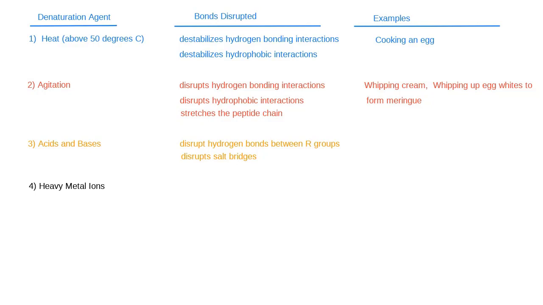Heavy metal ions disrupt salt bridges as well, and they also destroy disulfide bonds.